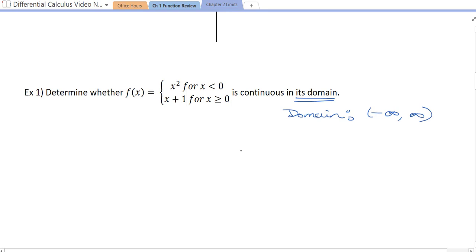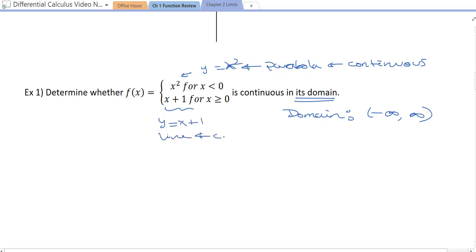So it's asking us, is it continuous on all real numbers? First, as we said, x squared is a continuous function. y equals x squared is a parabola, which is one of the graphs I had before. So this is continuous. y equals x plus 1 is a line, which is also continuous.